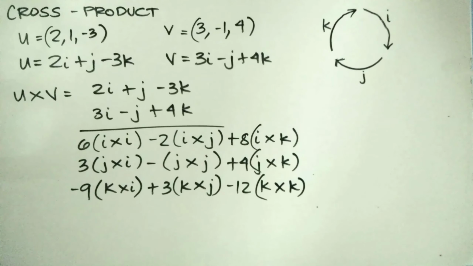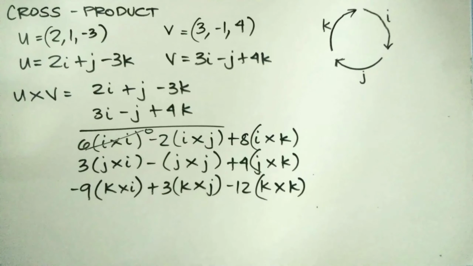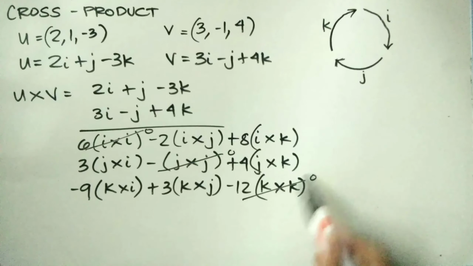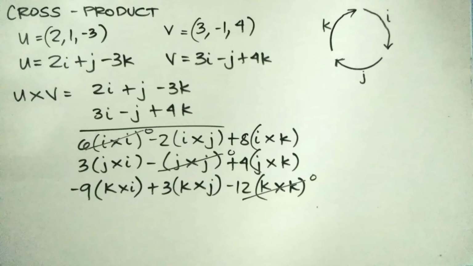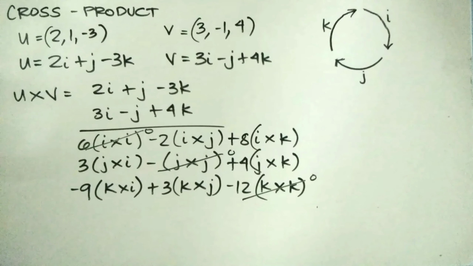Now remember that if you cross product a vector with itself, that would just be equal to 0. So we have here i cross i is 0, j cross j is 0, and k cross k is equal to 0. 0 times the scalar here is equal to a 0 vector.